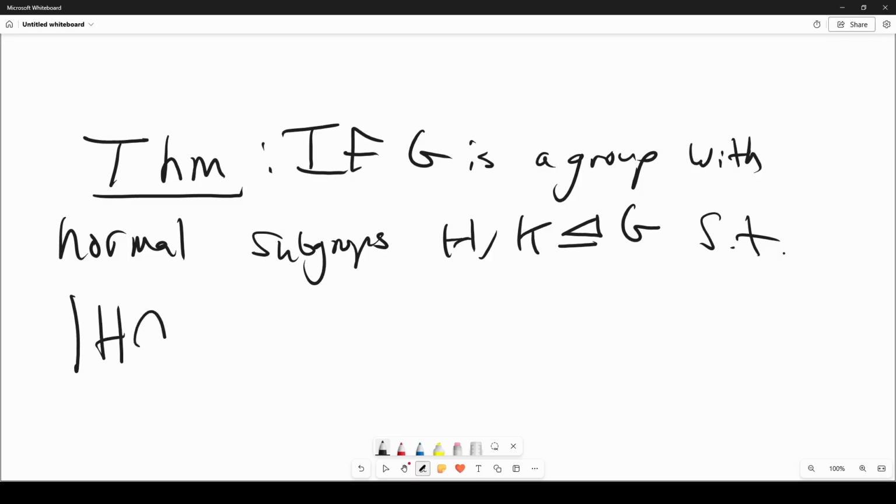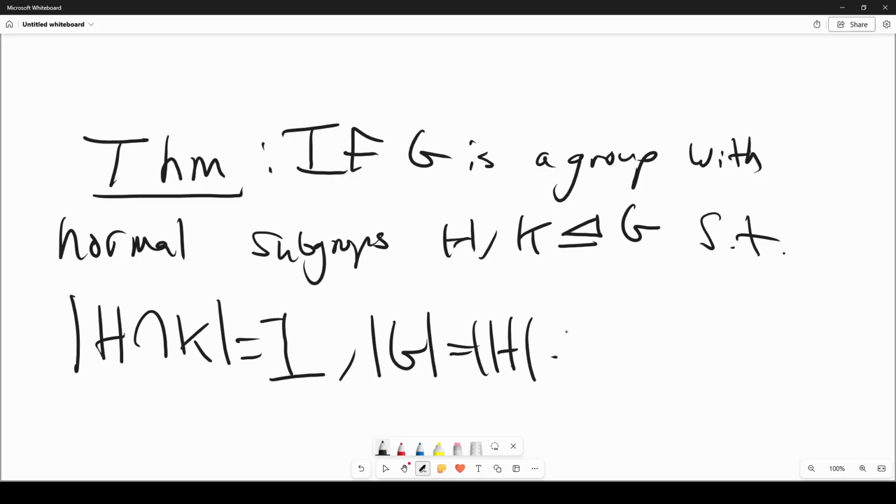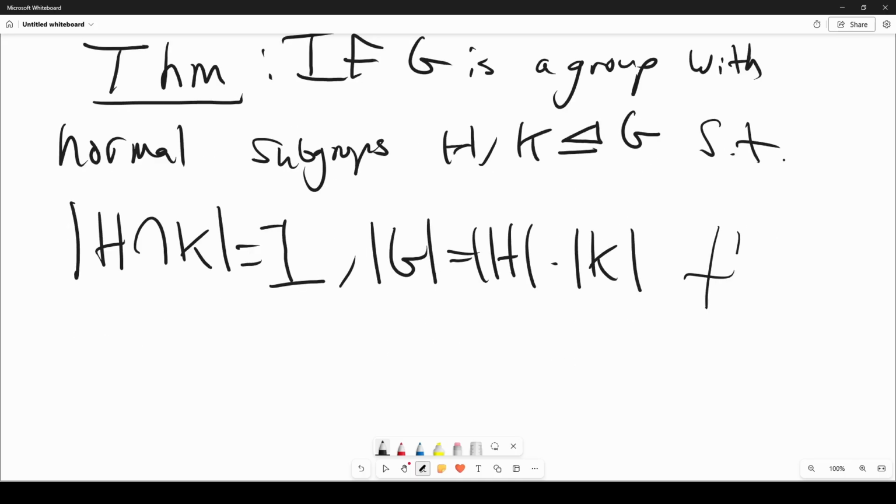H intersect K is just 1, or it's just the identity. We also get that the size of G equals the size of H times the size of K. Then G is isomorphic to H cross K.